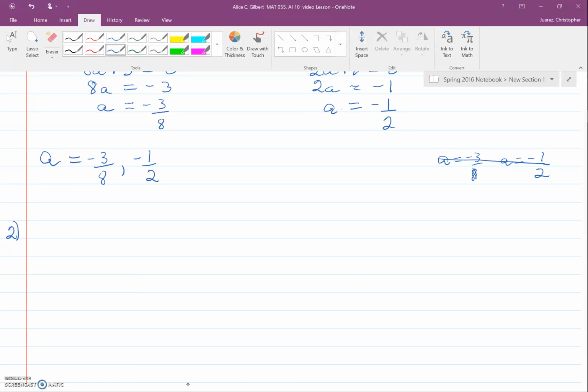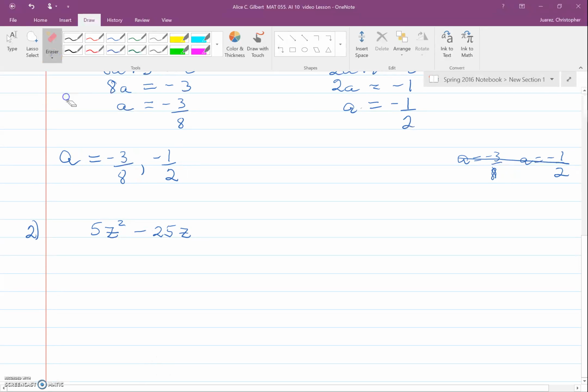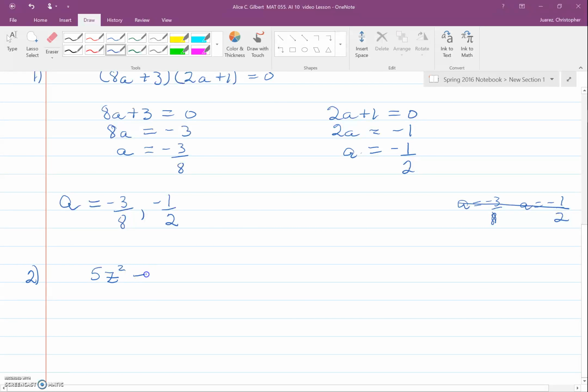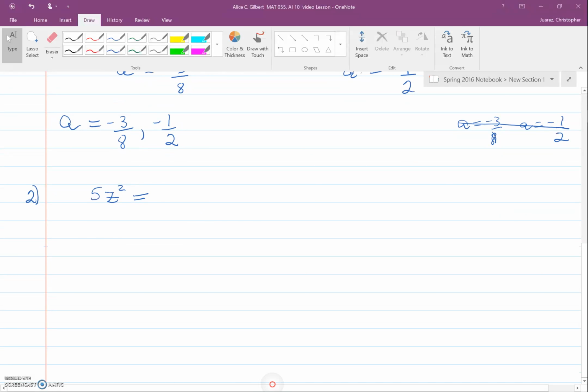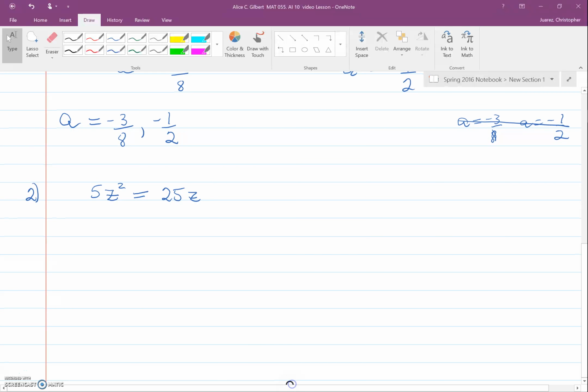So if I have 5z squared equals 25z, now, this is not in standard form.